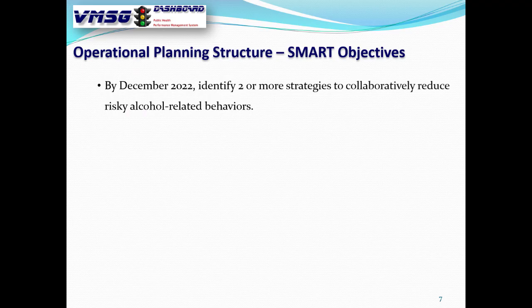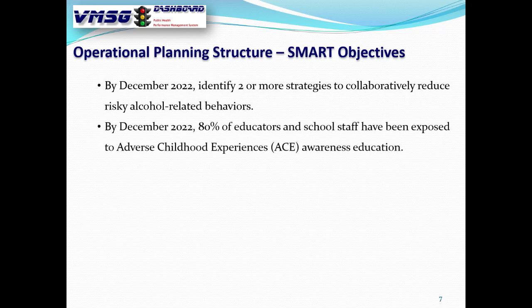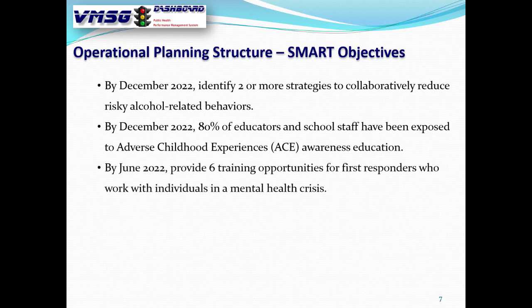By December 2022, identify 2 or more strategies to collaboratively reduce risky alcohol-related behaviors. By December 2022, 80% of educators and school staff have been exposed to adverse childhood experiences awareness education. By June 2022, provide 6 training opportunities for first responders who work with individuals with mental health crises.